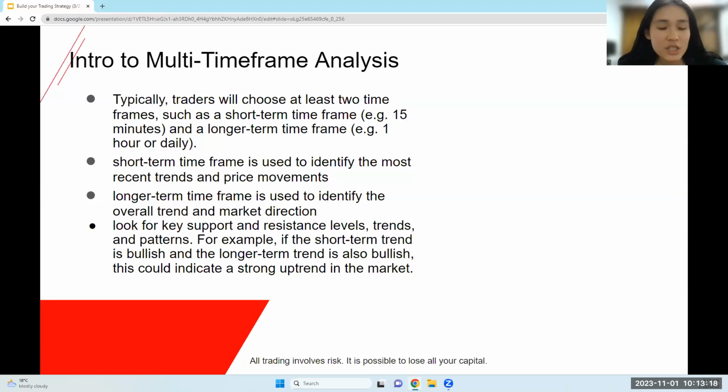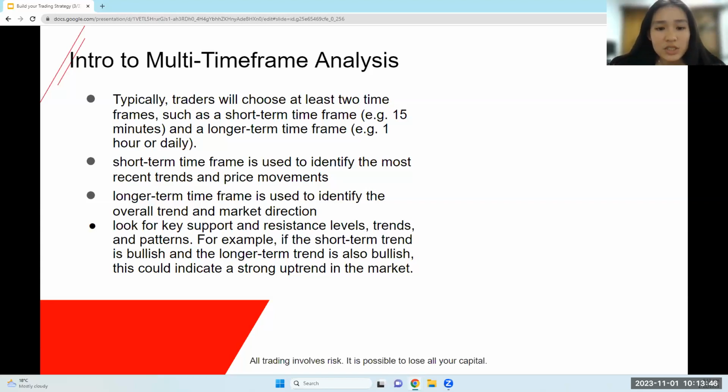The short time frame is used to identify the most recent trends and price movements, while the longer time frame is used to identify the overall market direction. So you want to look for key resistance levels, trends, and patterns. These tend to involve looking at your indicators, looking at your Fibonacci levels, and so on.